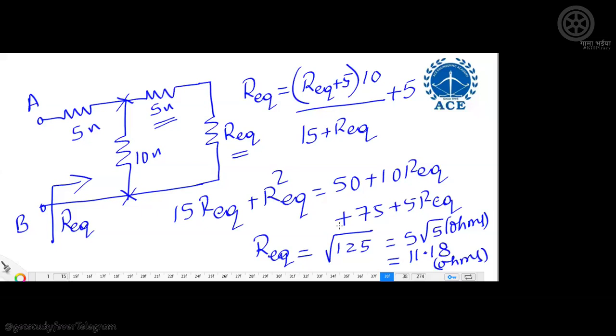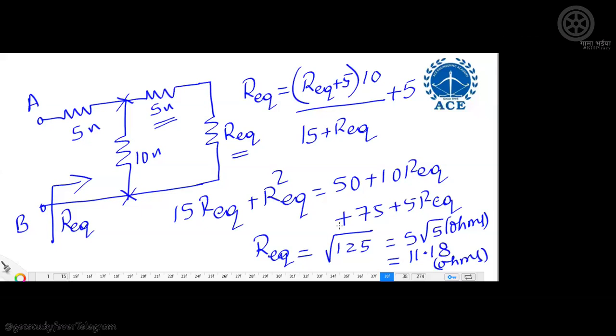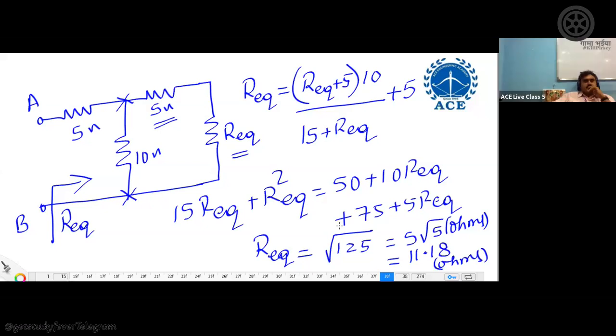Sir, I have a doubt in the second class. When you said R is always a passive element, is it a passive element? It is passive only, 100% passive.